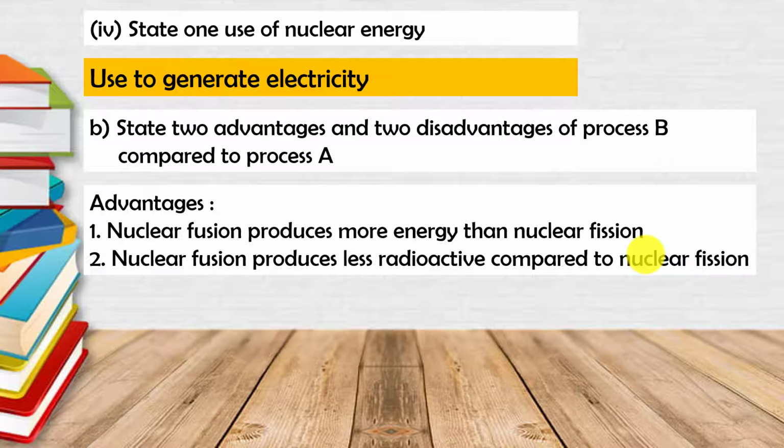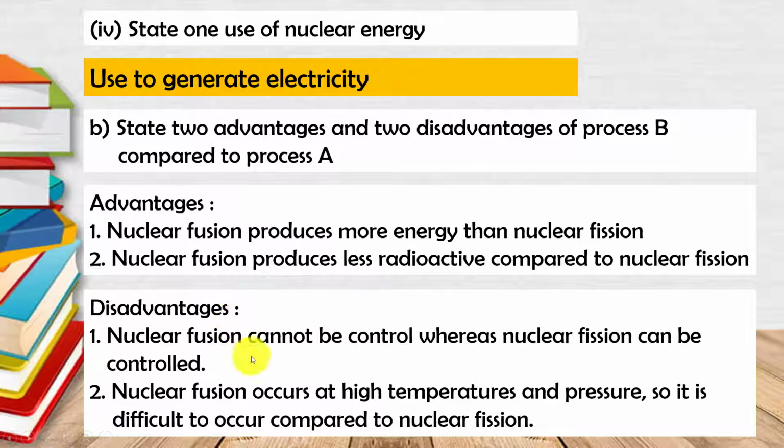Okay, a disadvantage: nuclear fusion cannot be controlled, whereas fission can be controlled. Fission, we can control by using the power station. Okay, so nuclear fusion occurs at a very high temperature and also pressure, but the fission, they no need. They don't need very high temperature, they can also occur.